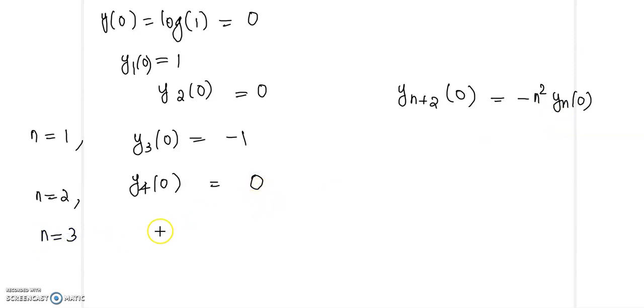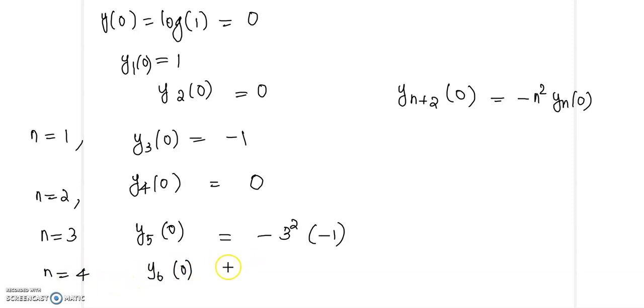And when n is equal to 3, we have y5 of 0, which will be minus 3 squared into y3 of 0. y3 of 0 is minus 1. Then for n equal to 4, we have y6 of 0, which is in terms of y4, that is again 0.